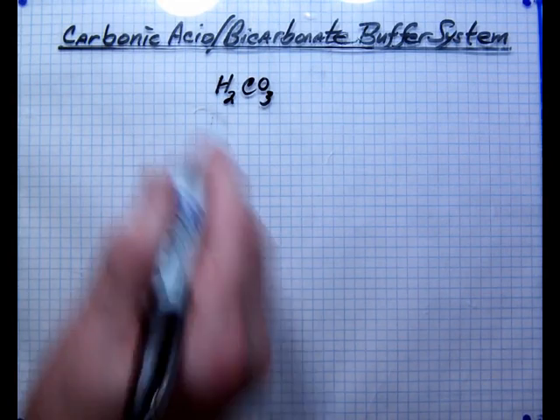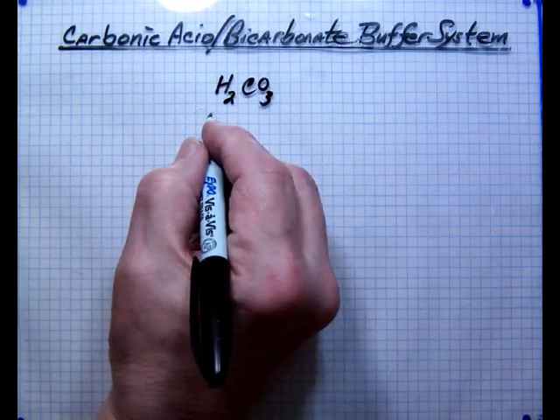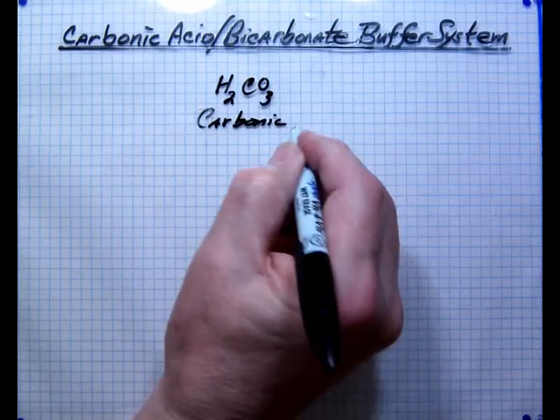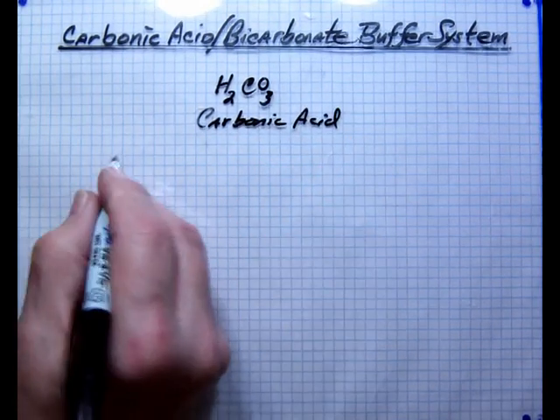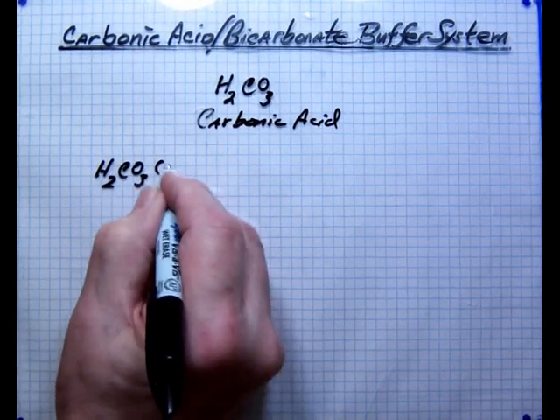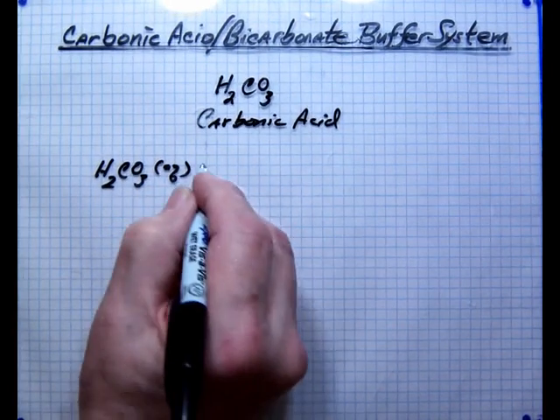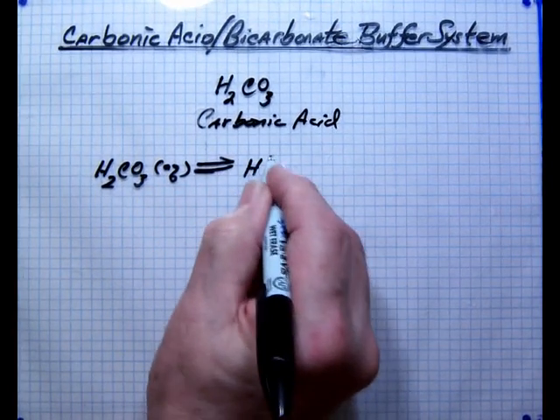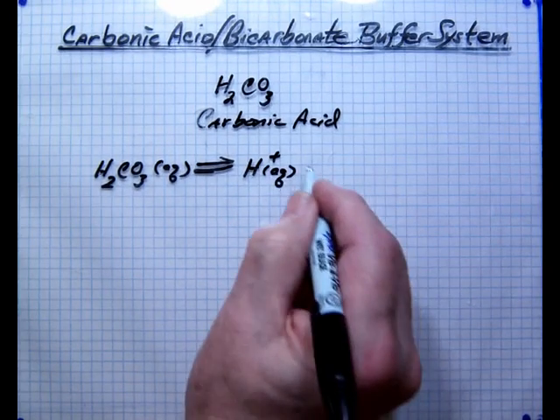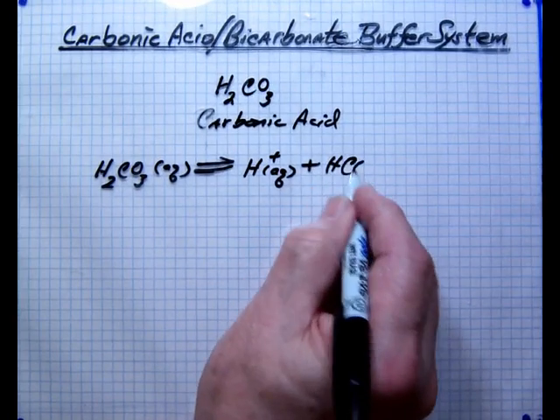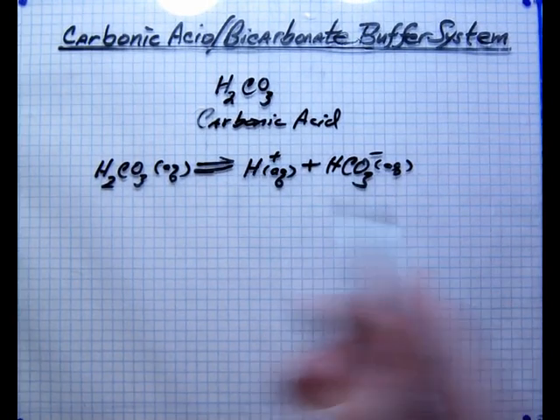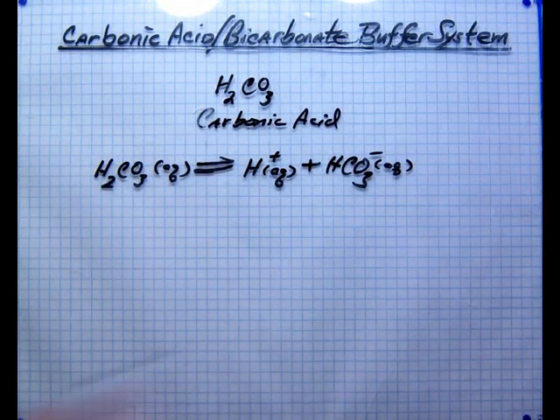More specifically, if we look at the carbonic acid ionization, we find that H2CO3 in an aqueous medium will ionize to give hydronium ions represented by H plus, and HCO3 minus, the bicarbonate ion, also in aqueous solution.